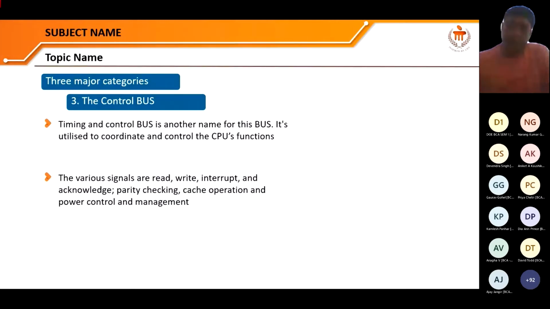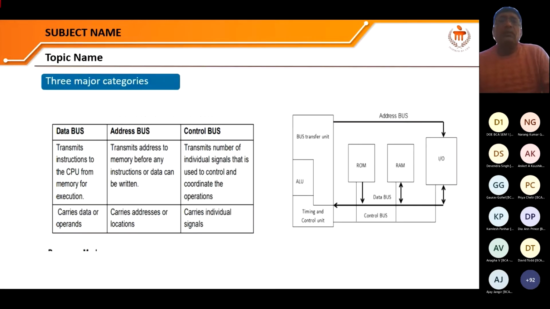Here is a table where we can compare the roles and responsibilities of these three major categories: data buses, address buses and control buses. In this figure, this is the bus transfer unit, this is the CPU, and here is one part of the bus transfer unit, the arithmetic logic unit and the timing and control unit.